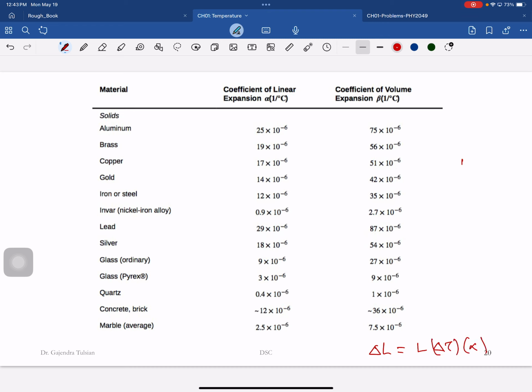So the increase in length will be 1 meter times 1 degree Celsius times 25 into 10 to the minus 6 per degree Celsius. So the increase in length will be 25 into 10 to the minus 6 meters, 0.025 into 10 to the minus 3 meters, which is 0.025 millimeter.